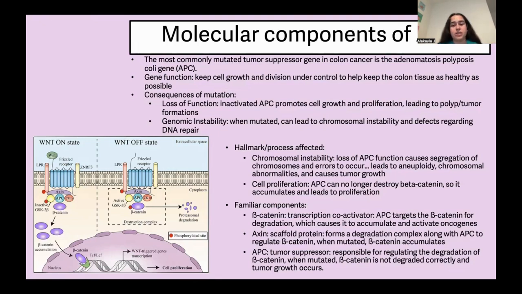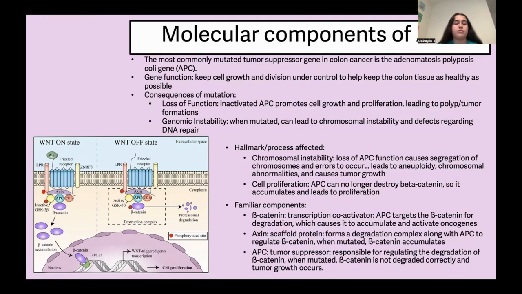Due to APC mutations, there's an increased risk of polyps forming because of the uncontrolled cell growth, and it leads to a buildup of tissue, which forms a polyp, which, like I mentioned earlier, these have the possibility of becoming cancerous. The suppression of the APC gene function is what leads to cancer metastasis.